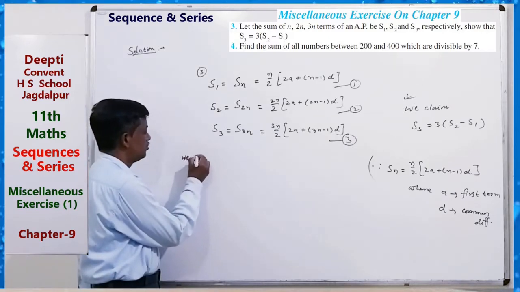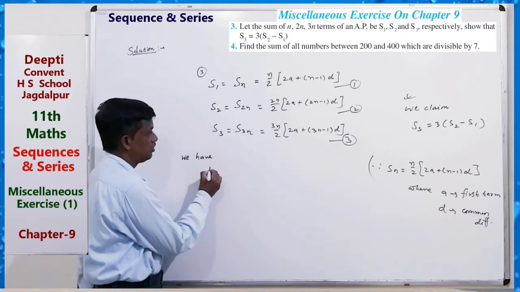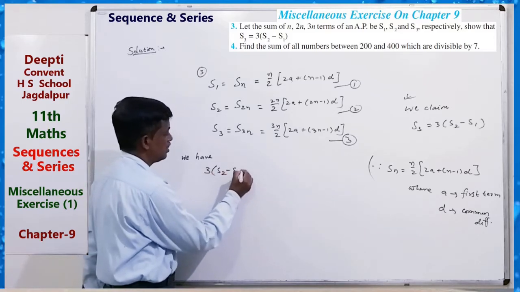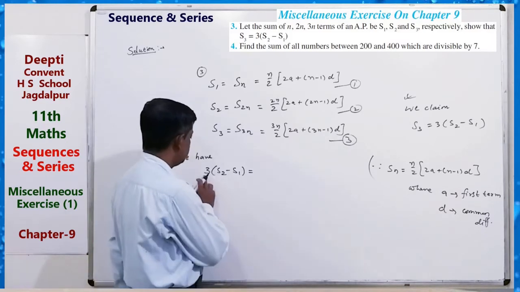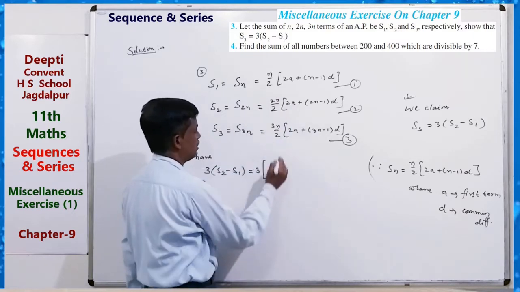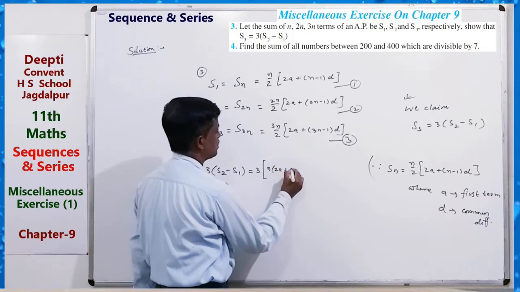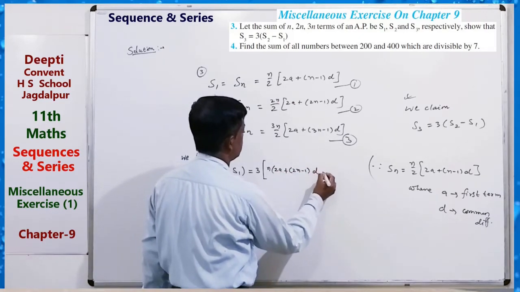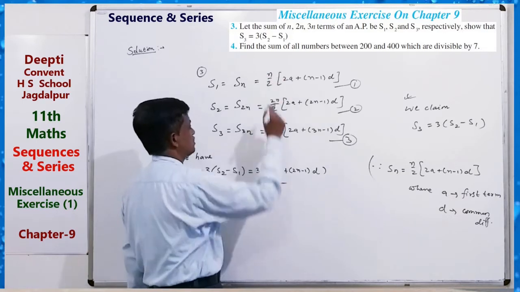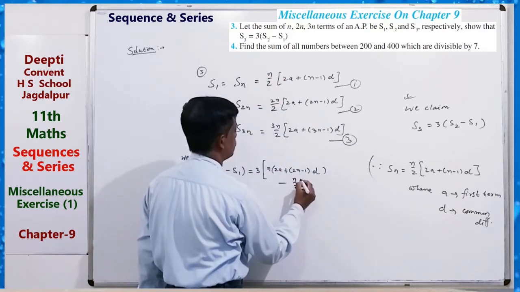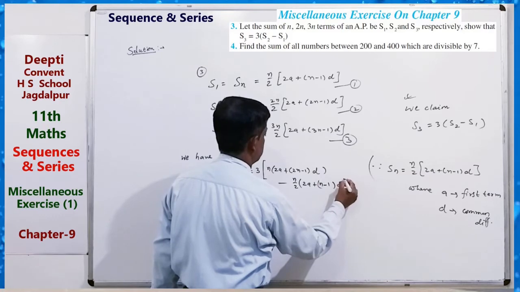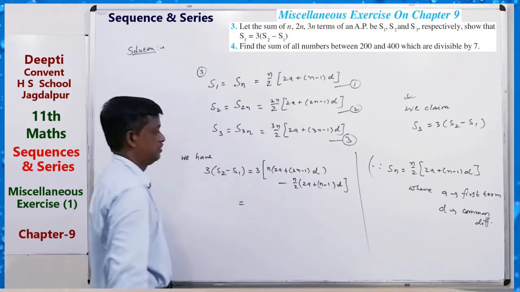So we have three times S2 minus S1 equals the right hand side. 3 into S2, that is this, the 2 cancels, n times 2a plus 2n minus 1 into d, minus S1, this n by 2 times 2a plus n minus 1 into d. Just we have to solve it now.